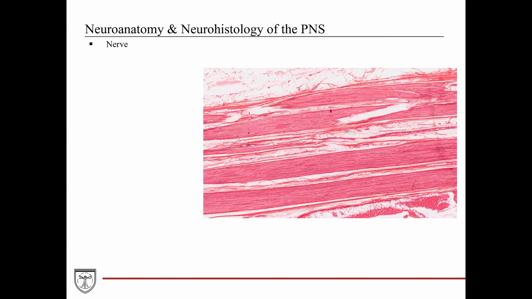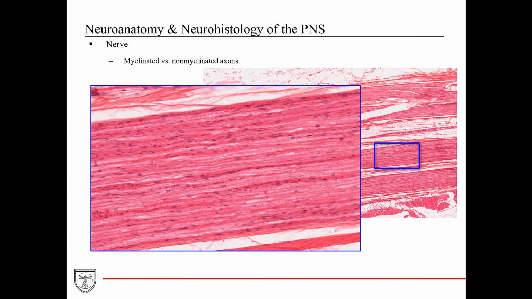Another thing that's worth noting about the nerves is the fact that some axons that travel within the nerve are myelinated, but there are also some fibers that are not myelinated, which are called the non-myelinated axons. So when we look at a higher magnification of this longitudinally cut section through a nerve, we can see a clear separation of the axons that are surrounded by this clear Schwann cell myelin sheaths.